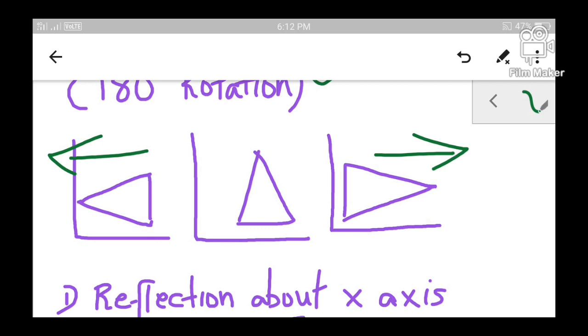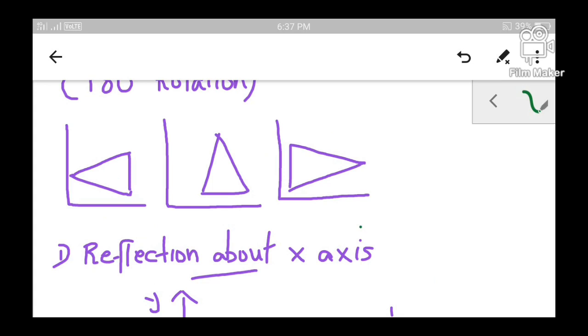And you already know that whenever you obtain a mirror image of an object, the left and right sides of the original object are inverted. Left of the original object becomes right of the mirror image, and right of the original object becomes left of the mirror image. So in this way, the right-pointing triangle has now become a left-pointing triangle. Hope the concepts are all clear to you.